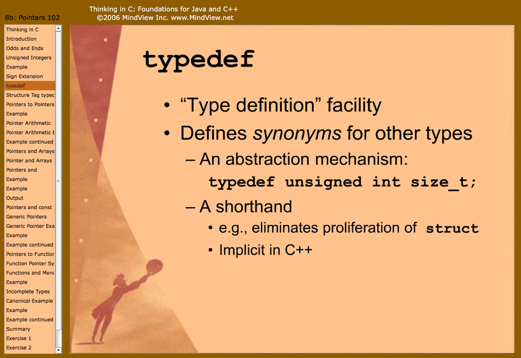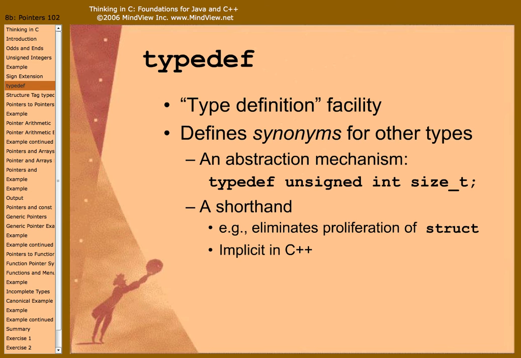Now, the way you read this and understand it is forget about the typedef just for a moment. Put your finger over that or whatever it takes, and you'll see unsigned int size_t. Now, if that were a normal declaration, then that means that size_t would just be a variable of type unsigned int.